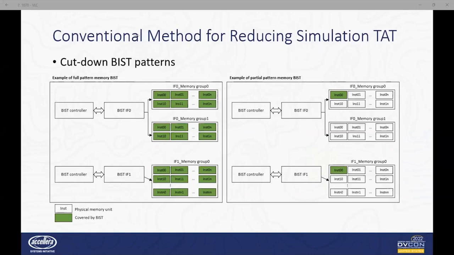Full pattern, which is located in left side, covers all of memory instances, but partial pattern located in the right side only covers one memory instance of each BIST controller. Using the partial pattern, we can possibly run simulation to check the BIST controller operations, but this approach can miss design errors, such as misconnection between memory and BIST logic.